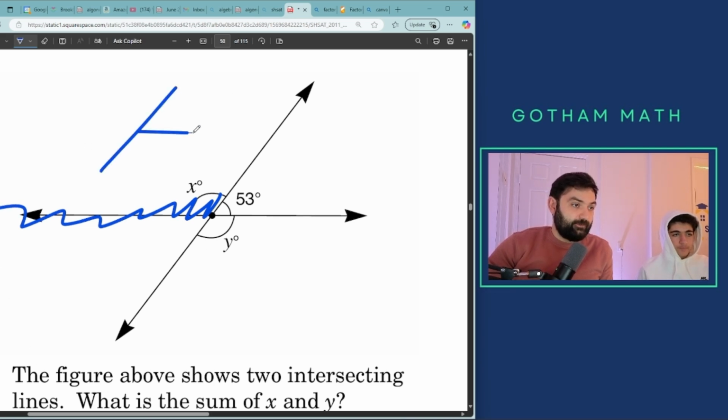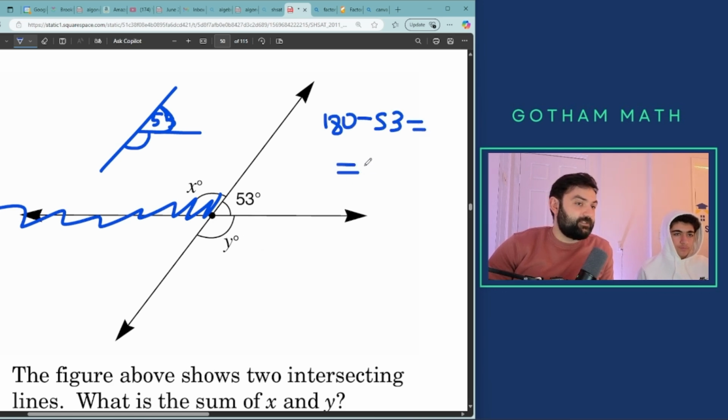We have this situation. If this is 53, the other angle must be 180 minus 53. This angle and the angle on the other side add up to 180. So we subtract 180 minus 53 to get the angle y.